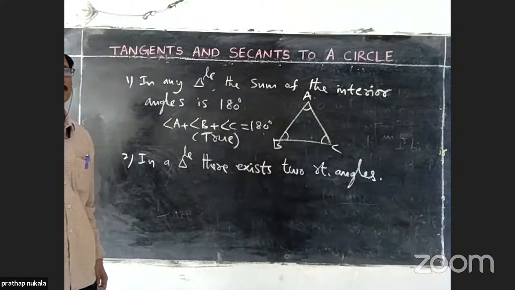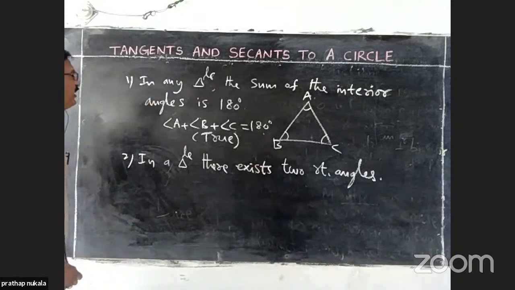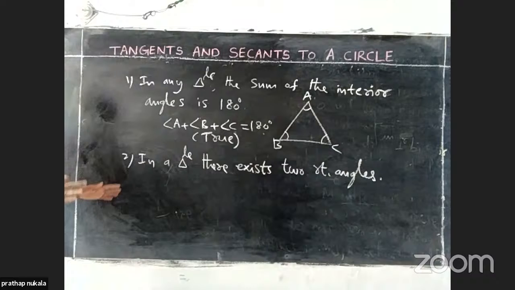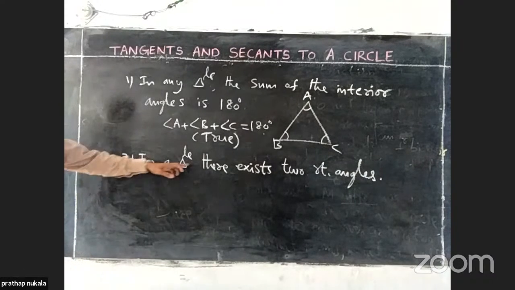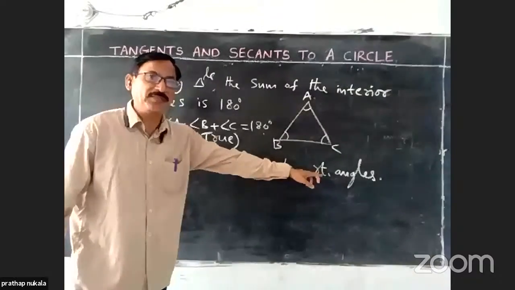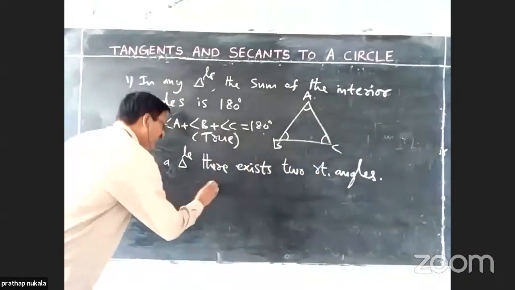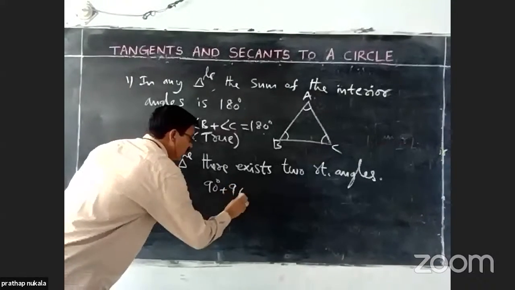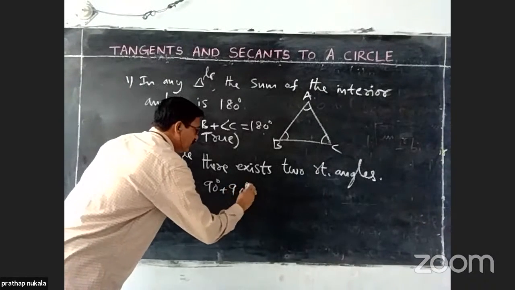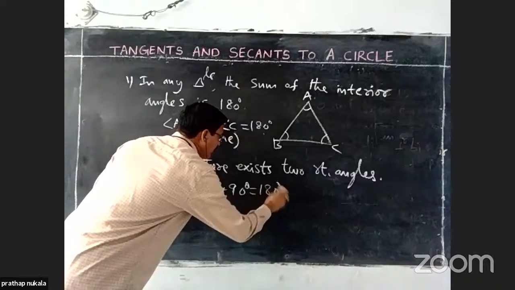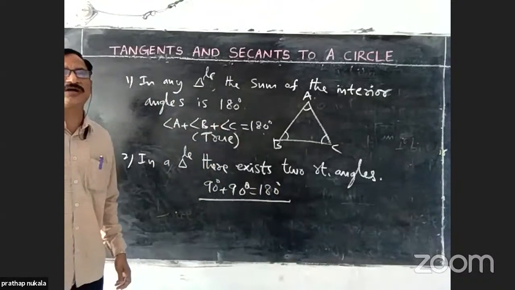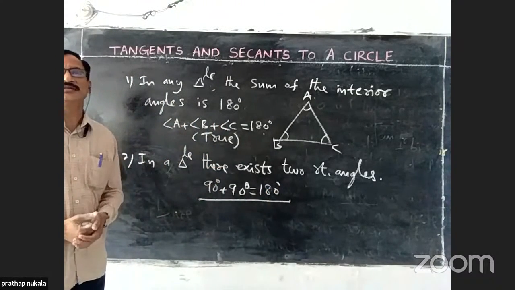Is it true? You can take any acute-angled, obtuse-angled, right-angled, whatever triangle. If there exist 2 right angles, 90 degrees plus 90 degrees equals 180 degrees. Already the sum of 2 angles is 180 degrees. What about the third angle?